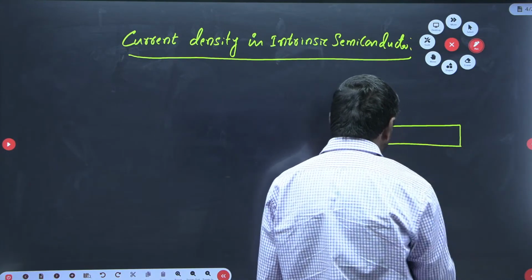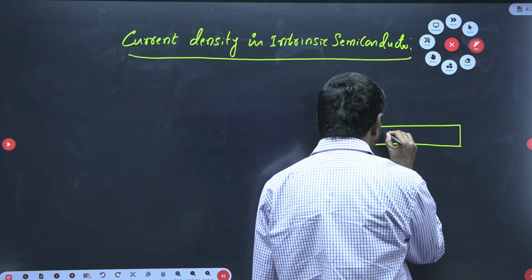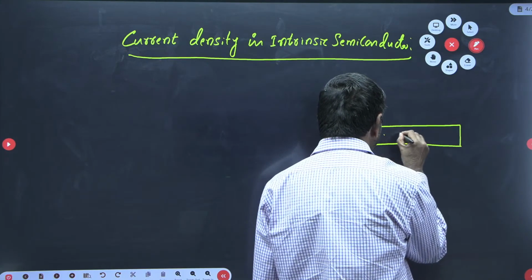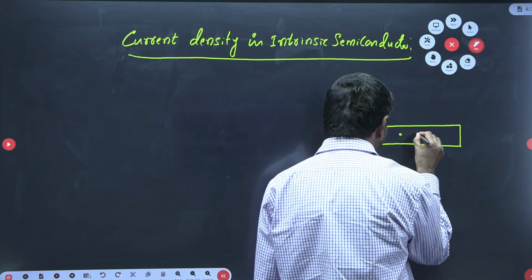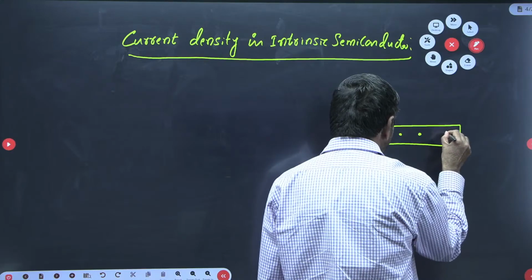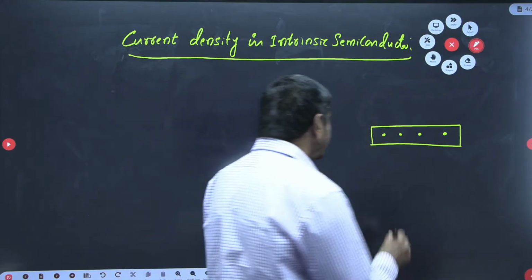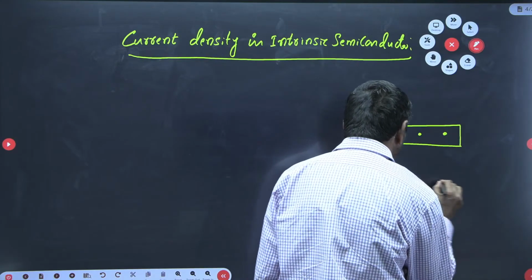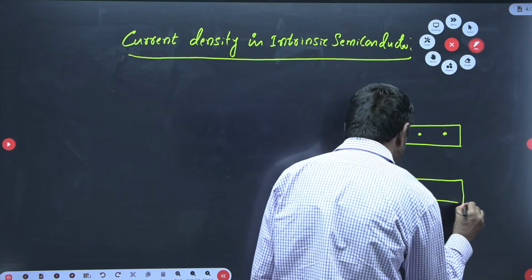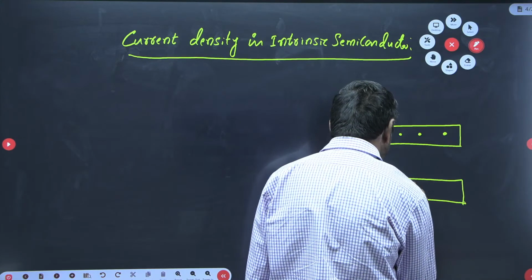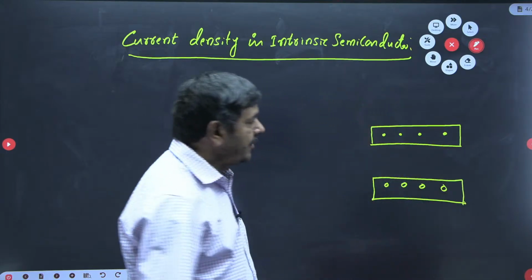For example, I got 4 electrons in the conduction band. If I have 4 electrons in the conduction band, that many holes will be created. Understand my point?